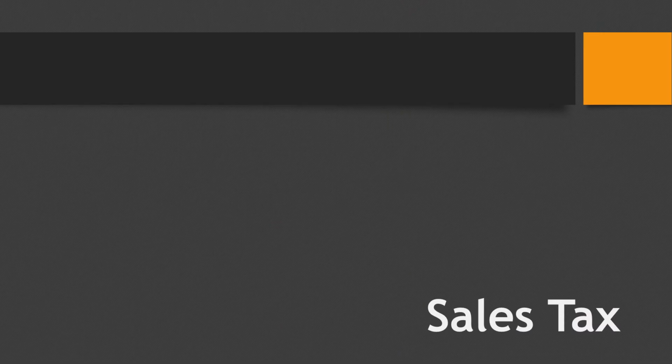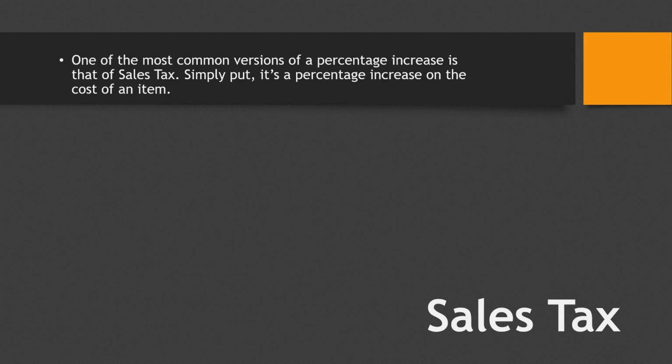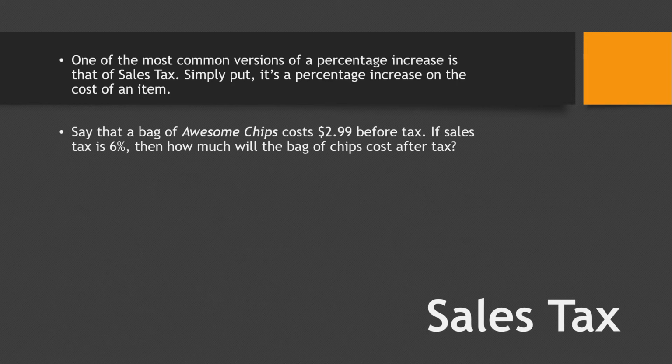So next up, we'll have something that you should all be somewhat familiar with, which is sales tax. This is one of the most common versions of a percentage increase, and it's just a percentage increase on the cost of an item. So we can talk about our Awesome Chips again, which cost $2.99 before tax. If the sales tax is 6%, then how much does the bag of chips cost?